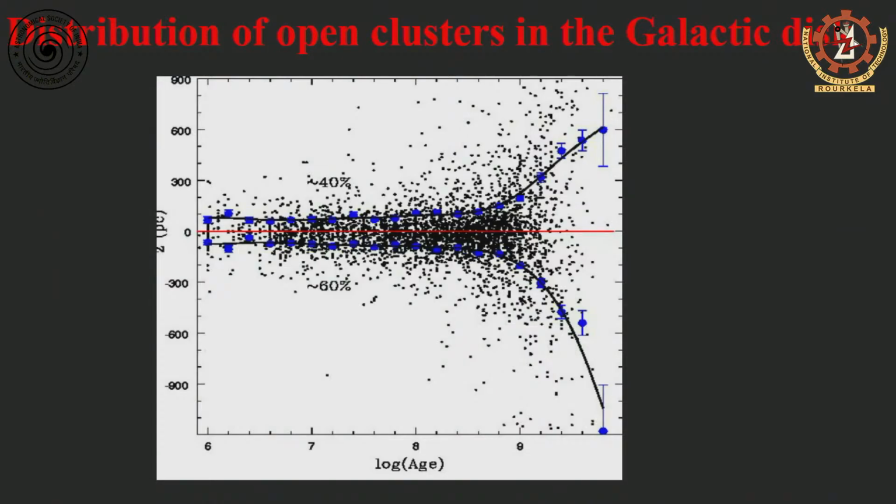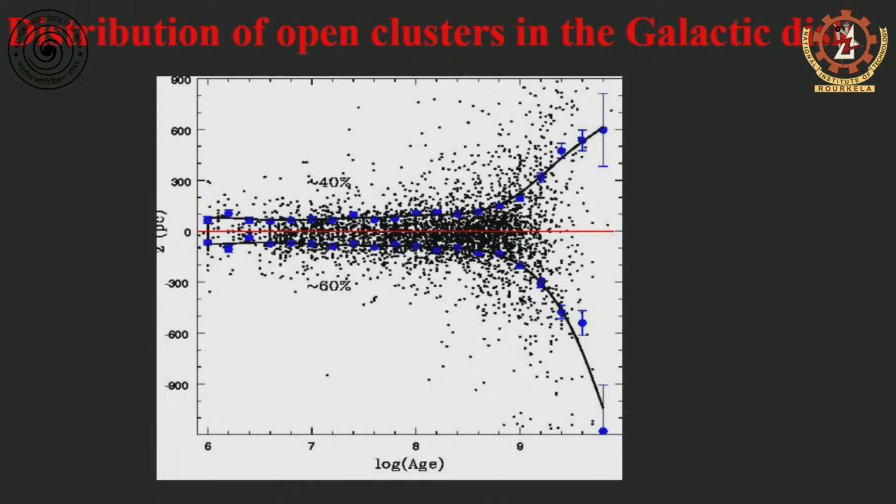See, this is the distribution of clusters in the age and Z plane. Z means how far a cluster is above the galactic plane; basically, Z equals d sine b. In small segments of age, we have calculated the mean of Z, just to see how it varies, because particularly towards larger age range there are many clusters, and they are scattered.